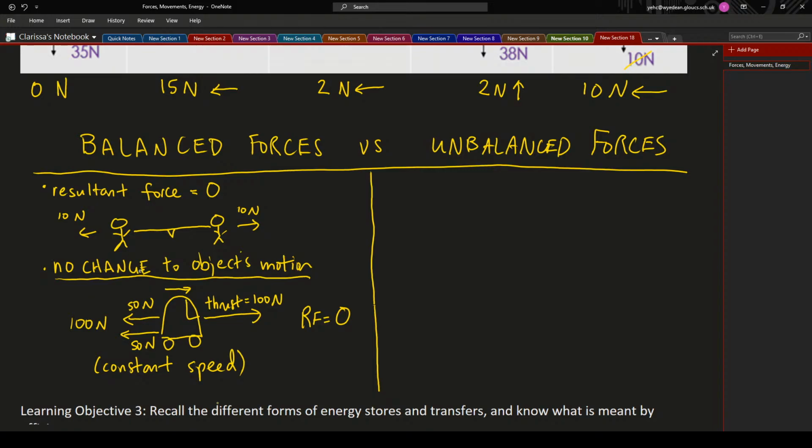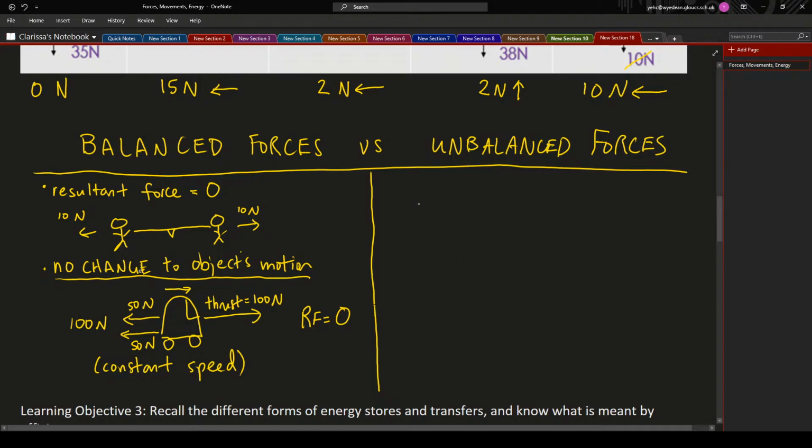So when it comes to balanced forces, if the object wasn't moving in the first place, that's not going to change. It's staying stationary. If the object was already moving, it's going to stay how it is. Basically, having a resultant force of 0 just means that there's going to be no change to what it's already doing.